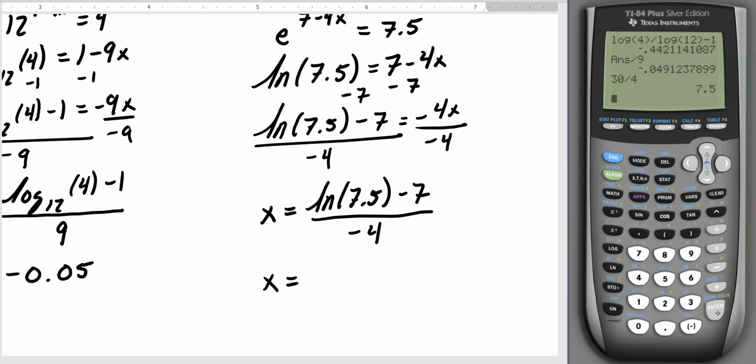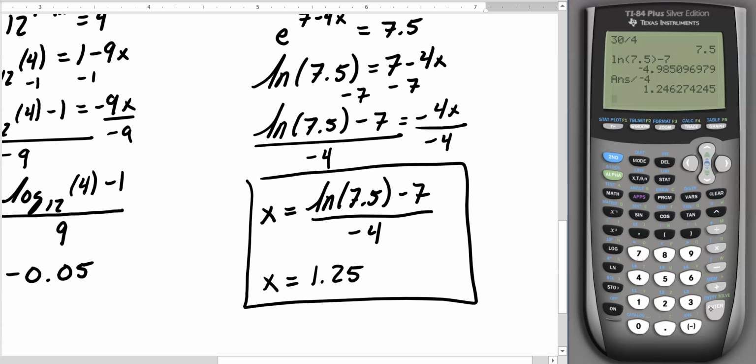Or x is approximately, let's do the math here, the natural log of 7.5 minus 7, be sure to close that parentheses, and then divide all of this by negative 4, I get 1.25. And that right there would be my solution.